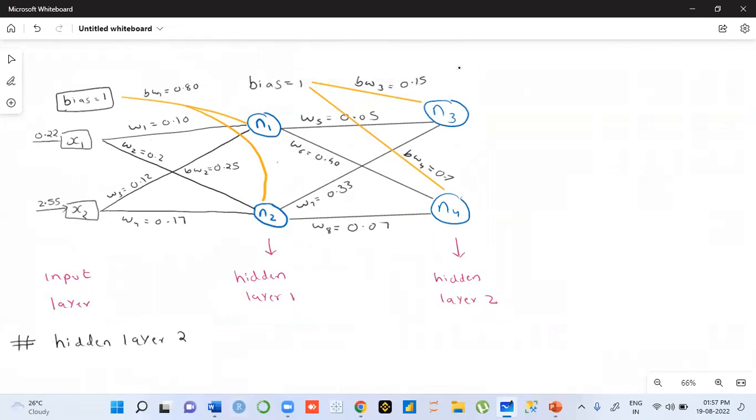This I'm making you solve. You should understand how it works. So when I take it in Python, I will not repeat this. What should be the equation for N3, guys?